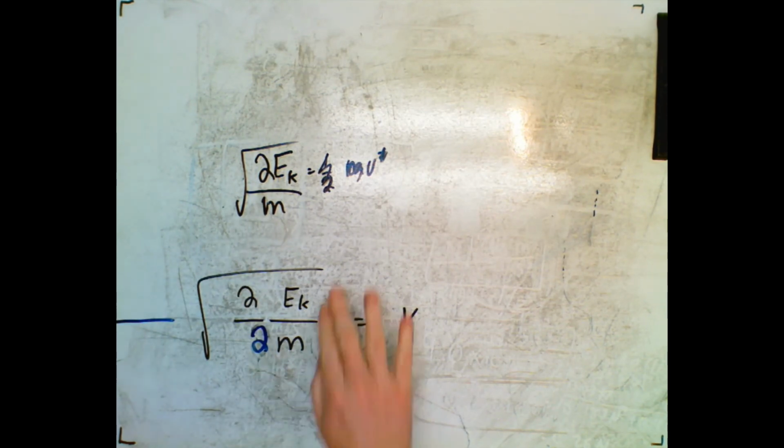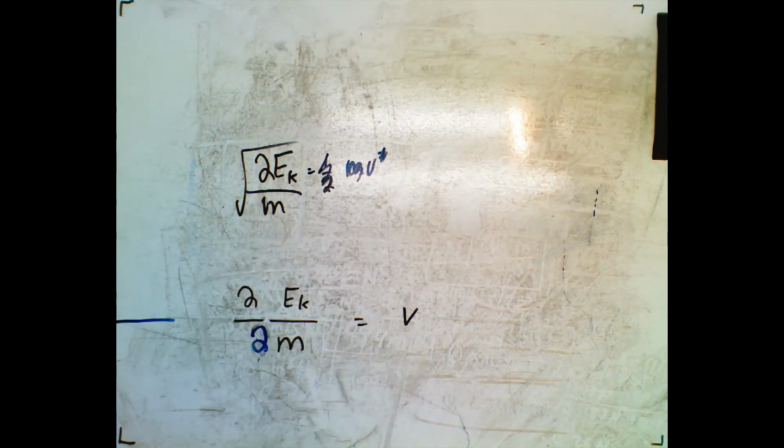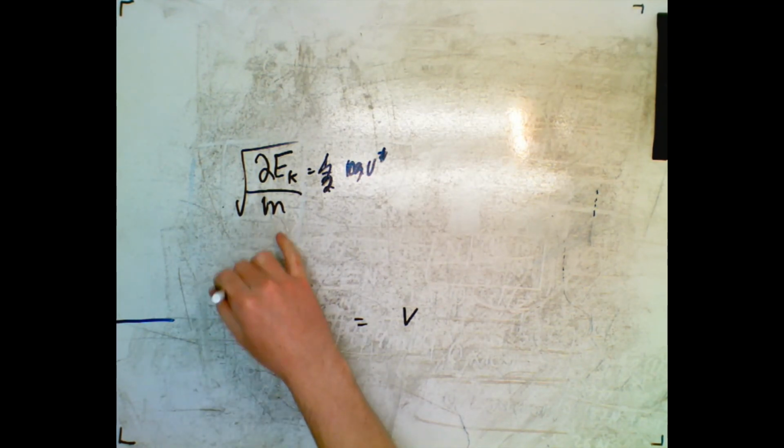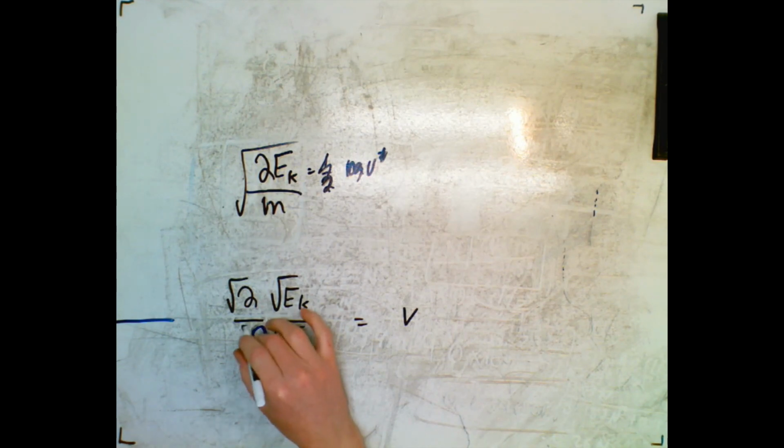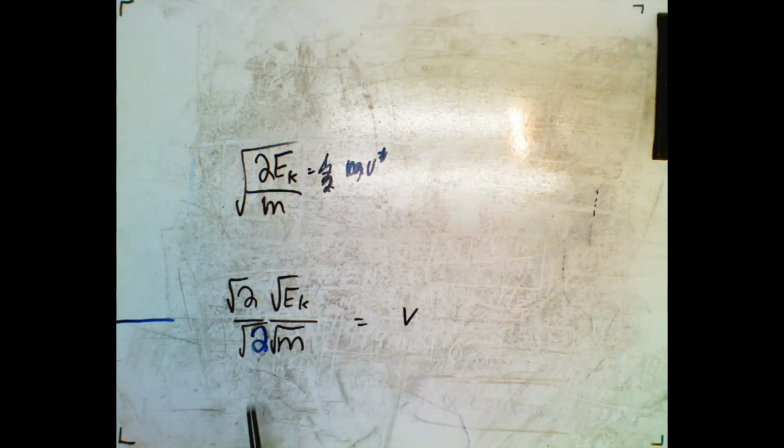Instead of putting my square root over everything, what that's saying is this is square rooted, this is square rooted, and this is square rooted. So because my mass is square rooted, that was one of my rules. If I square root my mass, I also have to square root the number that I'm multiplying it by. And I want to focus only on my changes, only in the blue stuff. I don't worry about this, this, or this.